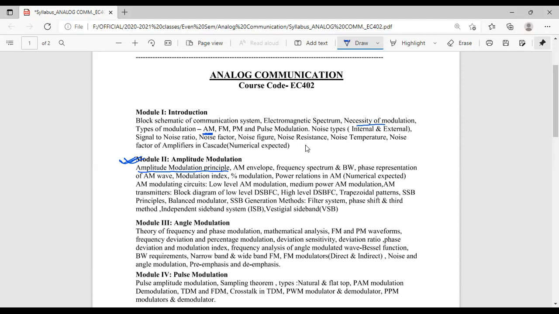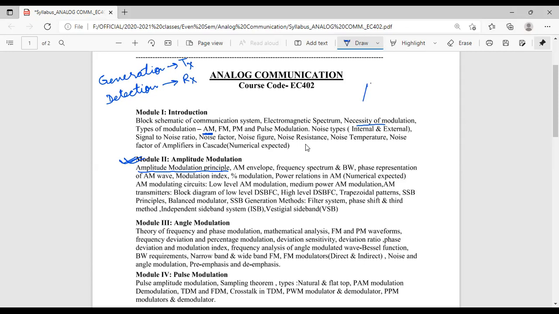So there are two things, the generation and detection. Always the generation will be done on the transmitter side and the detection is done on the receiver side. Here Tx is representing the transmitter and Rx is representing the receiver.